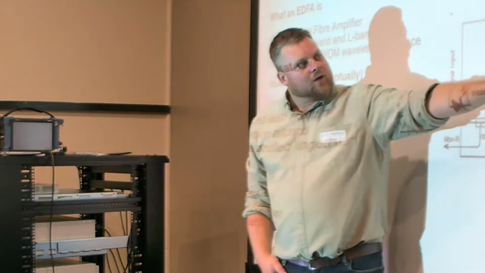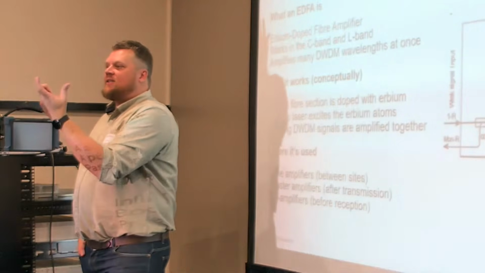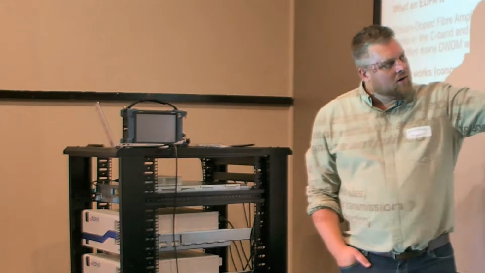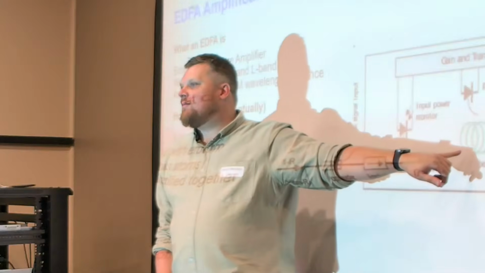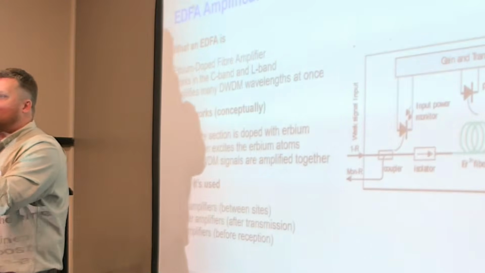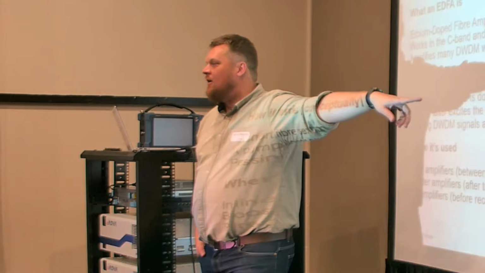Then it's got what we call a pump laser. So it's a laser that sits in the C-band, and that laser has got a little Y cable onto that erbium doped fiber, and it sends photons into that erbium doped fiber.